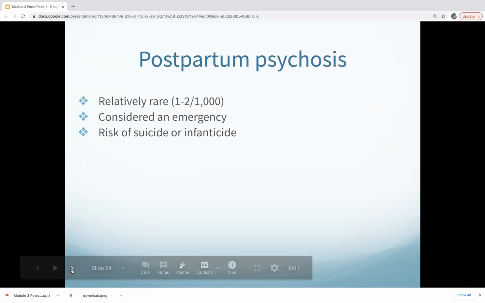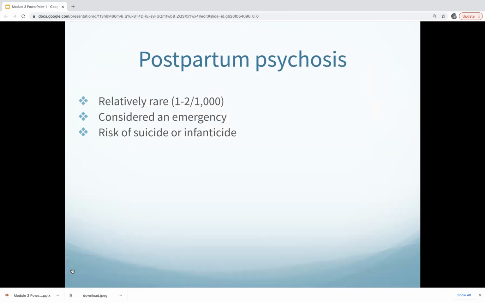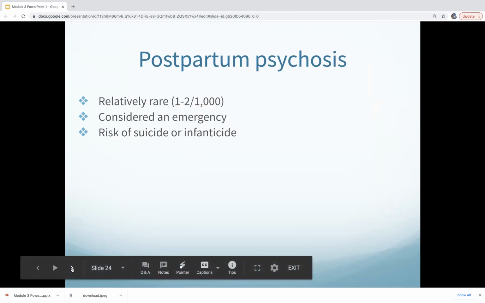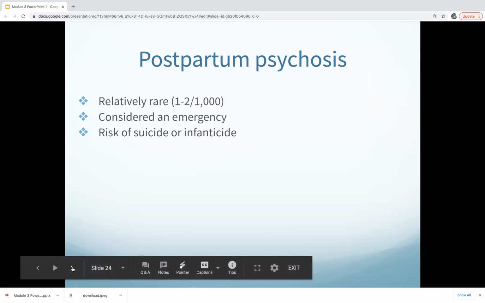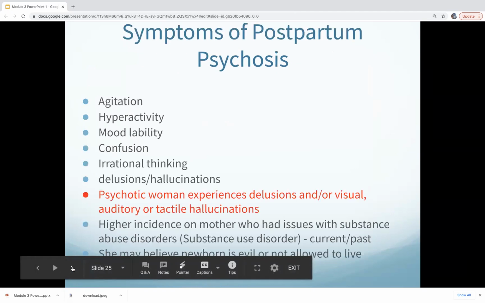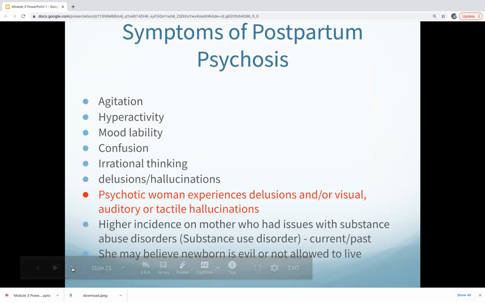Postpartum psychosis is extremely rare. It's a medical emergency, and immediate intervention is needed. It increases the risk of suicide and infanticide. Symptoms: psychotic delusions, visual, auditory, tactile hallucinations. In Andrea Yates' situation, she was told that that was the way to save the babies.